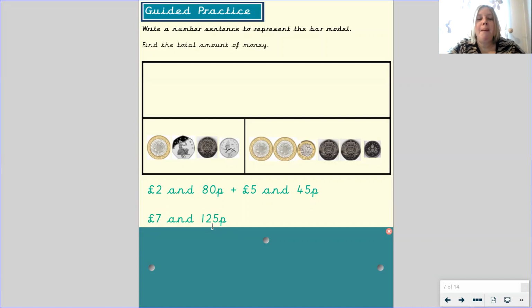So we need to remember that there are 100 pennies in a pound, and that when we get to 100 pennies, we can exchange this for a £1 coin. Can you convert 125p into pounds and pence for me? Pause your video and write this down.